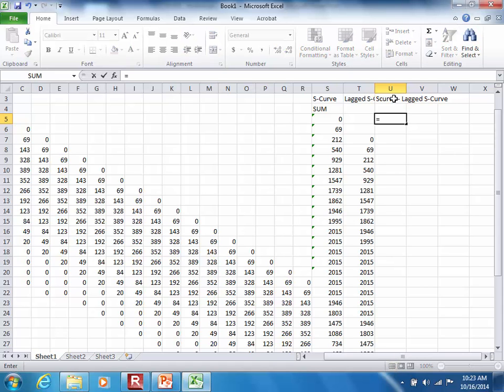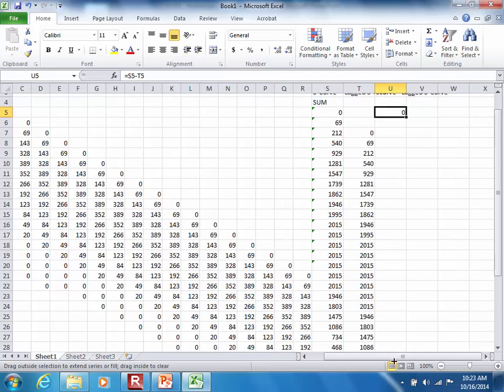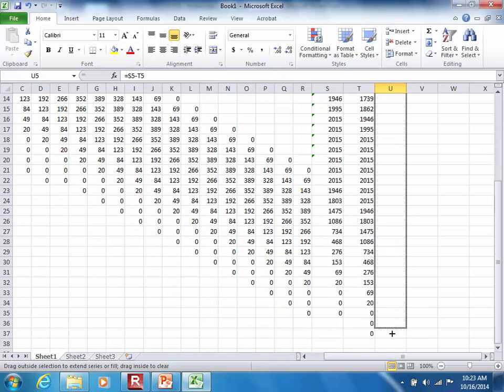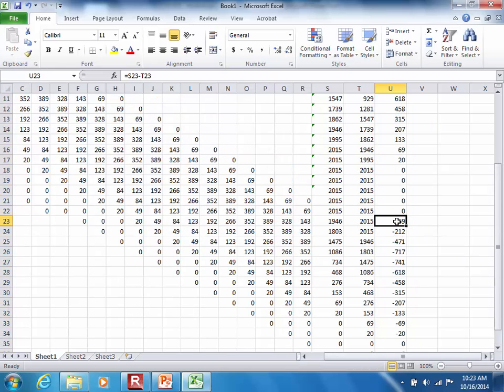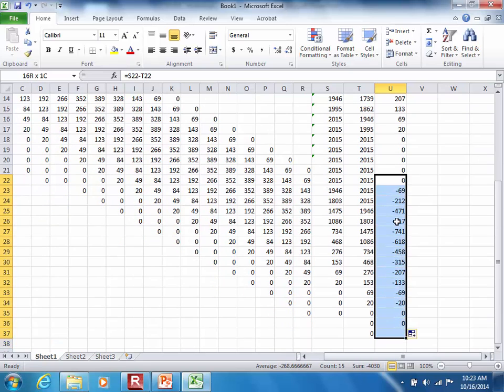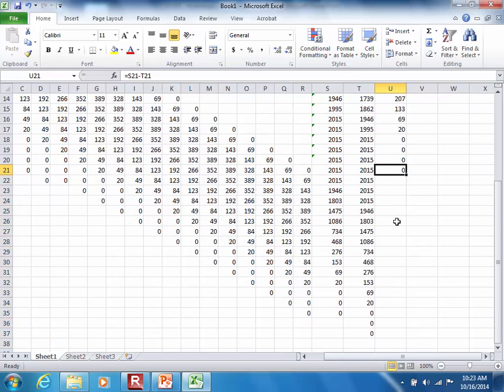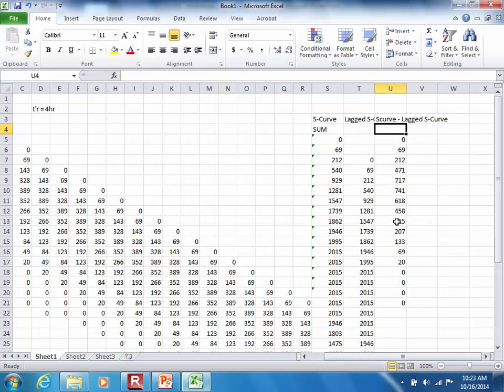So equals that minus this. And then we can drag that formula down. Now here where it becomes negative again, this is irrelevant. So I'm just going to delete all of these values where it's dipped into negative territory. The heart of what's going on is up here when it goes from 0 and then back down to 0 again.